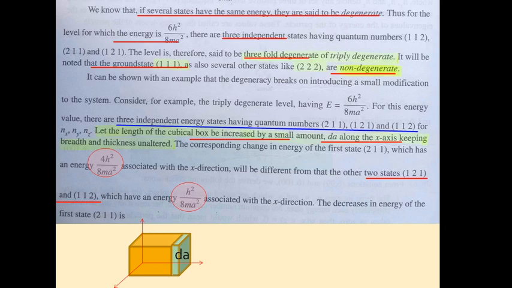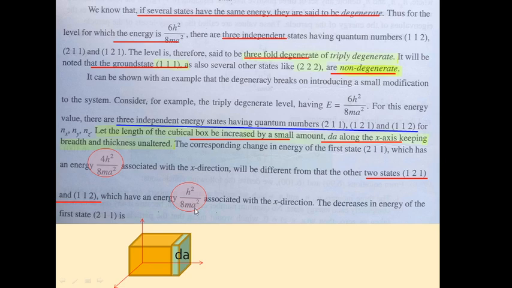So here we have a very clear vision that if this is a particle box and I am increasing its x direction by a small amount dA, then the energy associated to x will decrease because a is in the denominator. But over here the other energies also decrease, but the amount of decrement will be a little bit lesser.